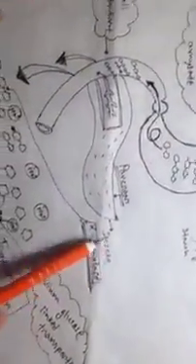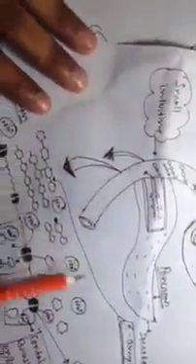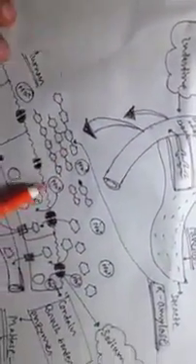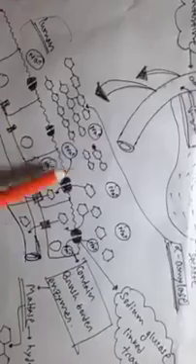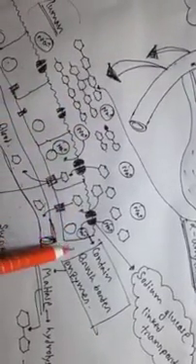This alpha amylase breaks down the alpha 1,4 glycosidic bonds, and in the lumen of the small intestine two types of brush border enzymes are also released. One is maltase, another is sucrase. Maltase breaks down the maltose and converts it into glucose, and sucrase breaks down the alpha 1,4 glycosidic bonds and also alpha 1,6 glycosidic bonds.